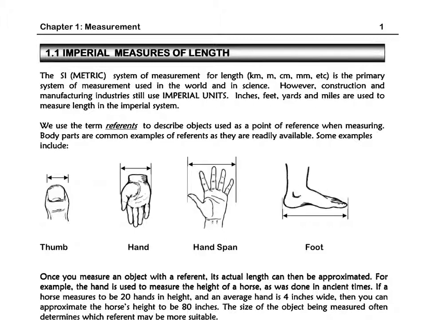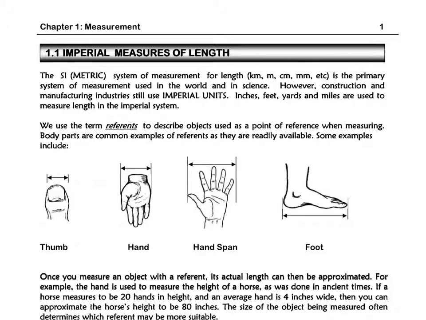For example, some adult males would have a foot size that is the actual length of a foot in imperial measure. For me, my foot is a little bit smaller than a foot in imperial measure.